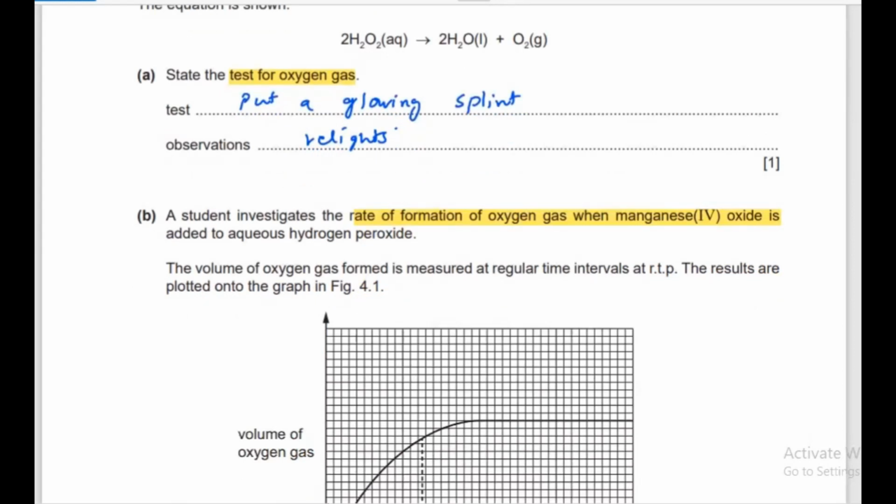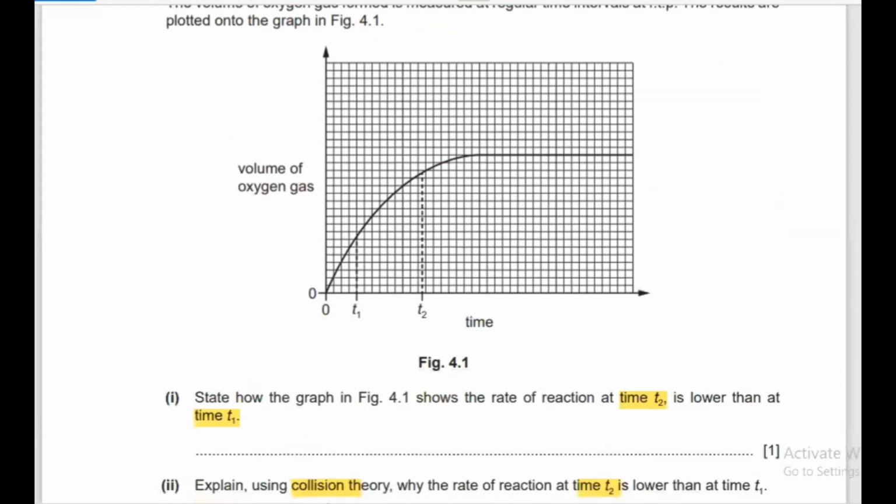Then there's a question about the rate of the formation of oxygen gas when manganese fluoride is added to aqueous hydrogen peroxide. So the volume of the oxygen gas, here we are getting the oxygen gas. State how the graph in figure 4.1 shows that the rate of the reaction at time T2, this is T2, is lower than that at time T1.